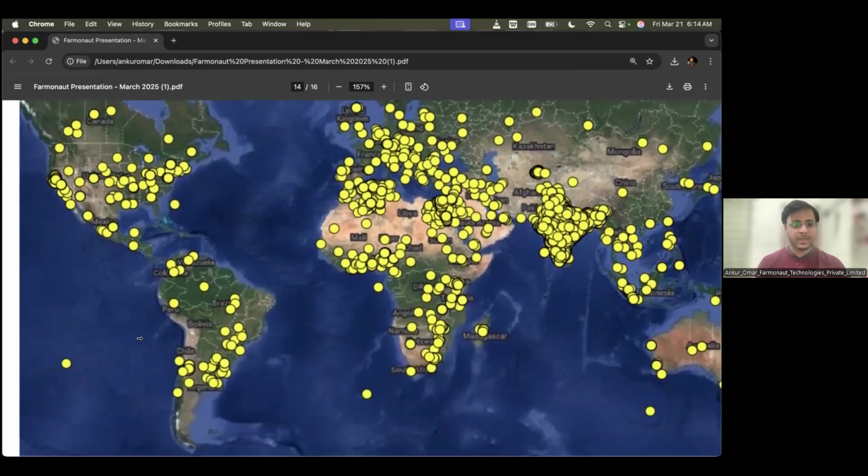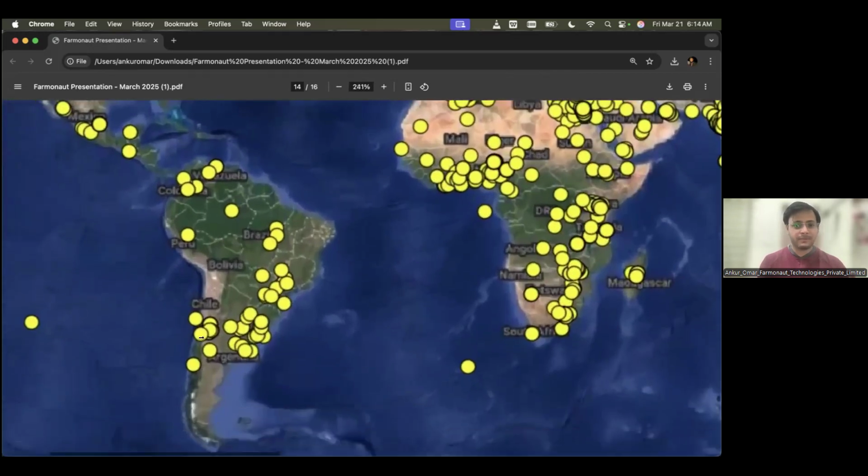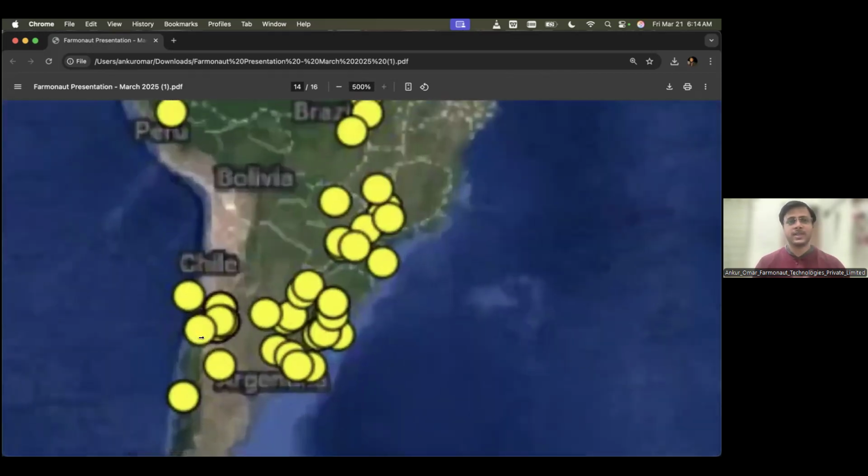For example, recently in Argentina, we're working with a lot of farmers. If you check the Buenos Aires area, you will find that in the case of potato, the average yield is around 70,000 kg per hectare for an entire year.